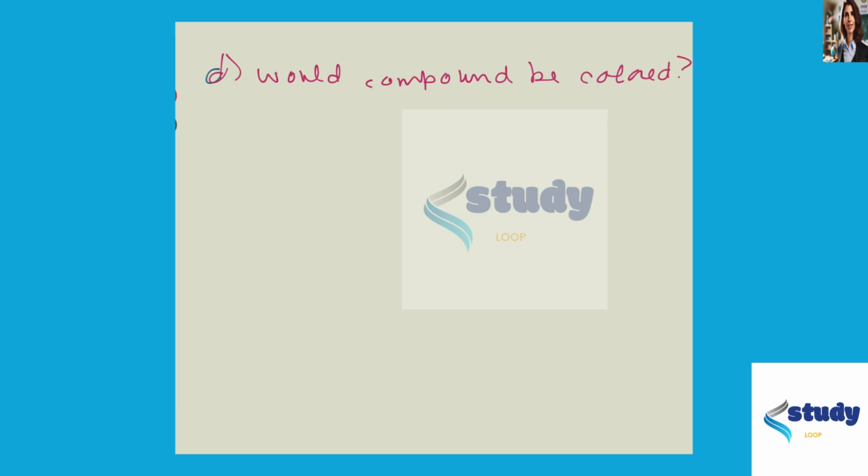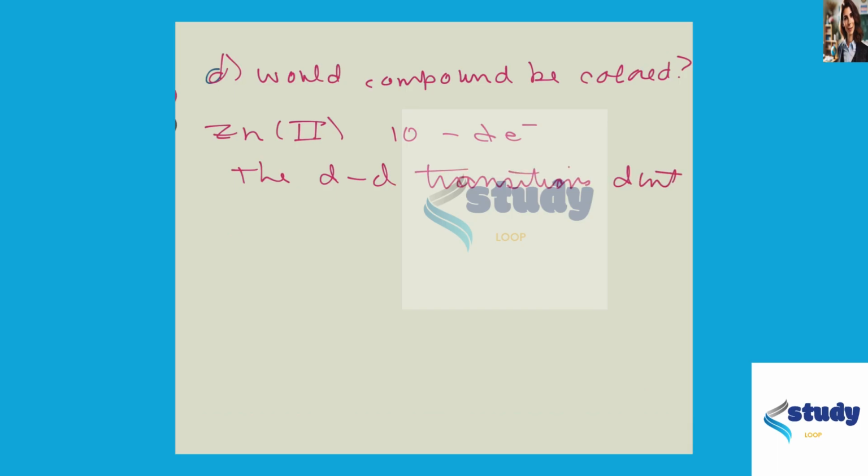Okay, so this one is pretty easy because the zinc 2 plus ion has 10 d electrons. And since it has 10 d electrons, the d-d transitions aren't possible, because there's nowhere to go since it's full. So it's colorless. We're done.